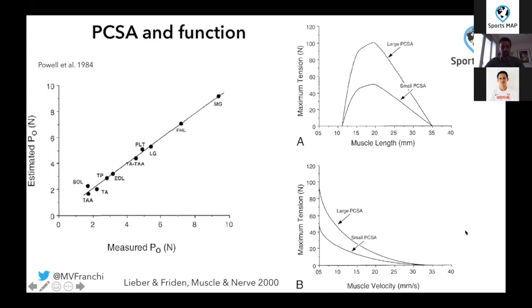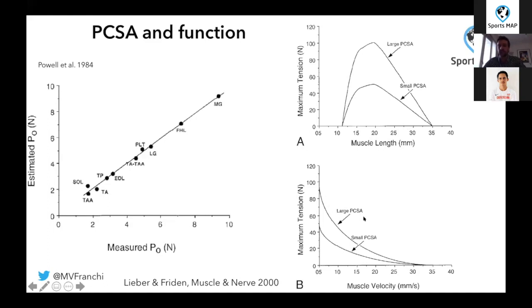If we consider similar muscles with same fiber length, same pennation angle, same distribution of fiber types and similar force output per unit, but different PCSA, you see that the length tension relationship doesn't change, as in muscle excursion, but what changes is the maximum tension that is produced. A large PCSA muscle will produce larger tension.